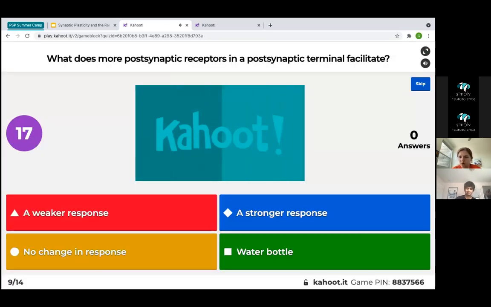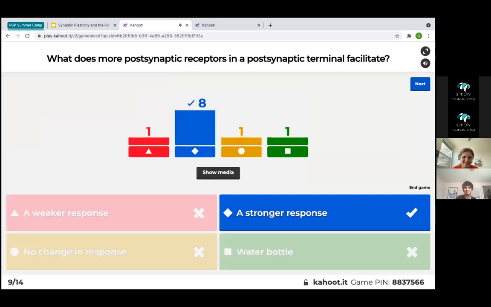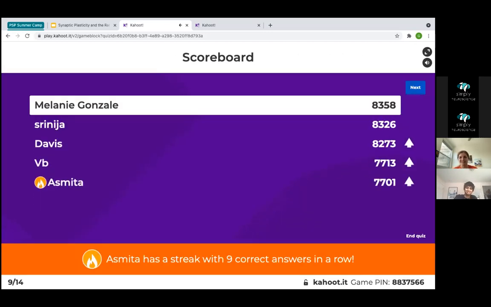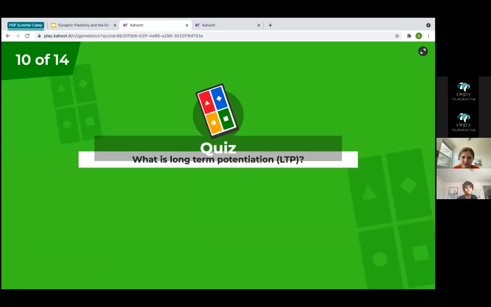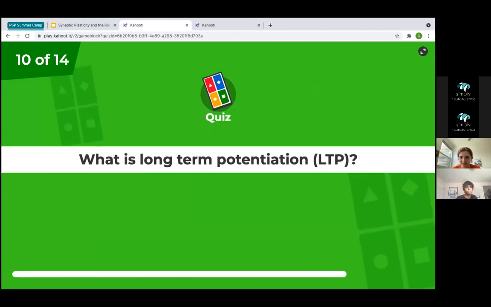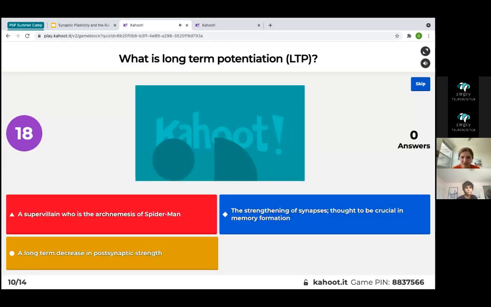So what does more postsynaptic receptors in a postsynaptic terminal facilitate? Someone put water bottle. It's a good guess, but not quite the answer. All right. Very healthy competition. Love to see it. So what is LTP?